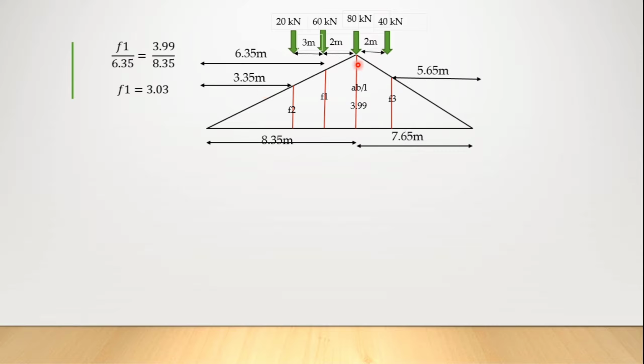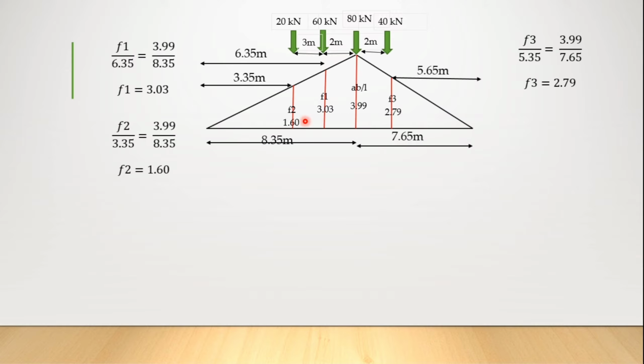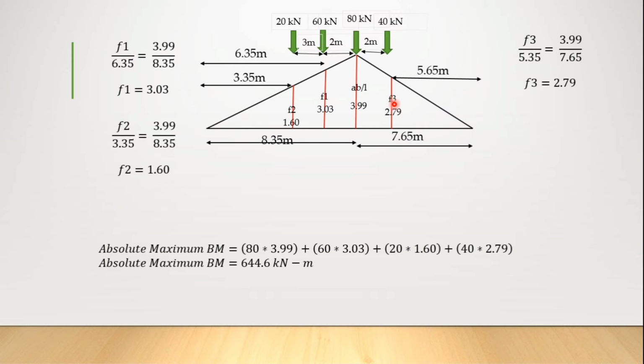You can use this triangle: height is 3.99, base is 8.35, and another triangle, height is F1 and base is 6.35. So F1 you get 3.03. Similarly you can find F2 and F3, and put in the values of F1, F2, F3.